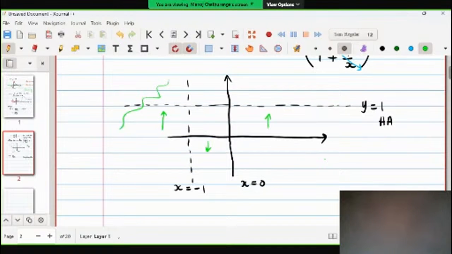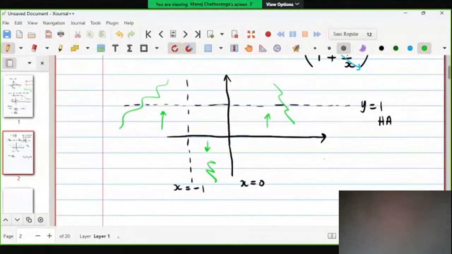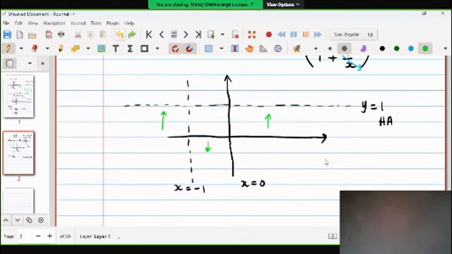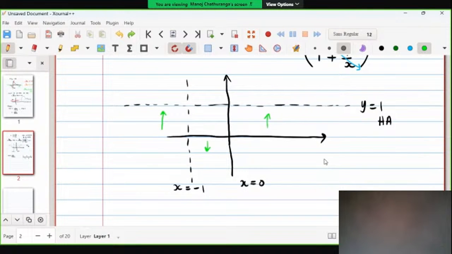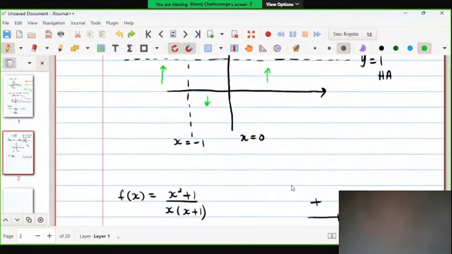So it will be somewhere here, here, and here. Right? So that's just by analyzing the sign. Now we have a sort of idea how it looks.